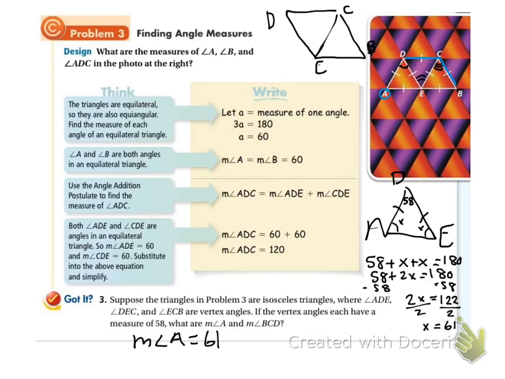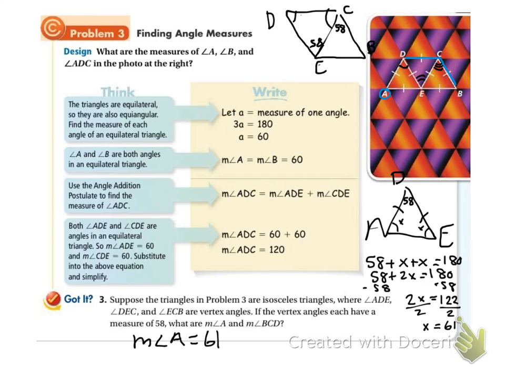There's D. So I was told this vertex angle is 58 degrees. So here's 58. And I need to figure out what that guy is. Well, that's going to be the same measure that I just got for angle A. Because if you remember, all of the vertex angles have a measure of 58 degrees. So this guy down here would also be 58.